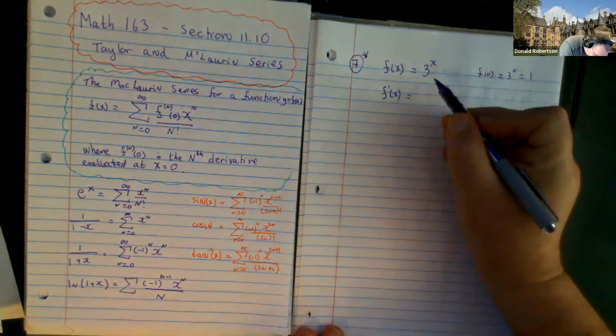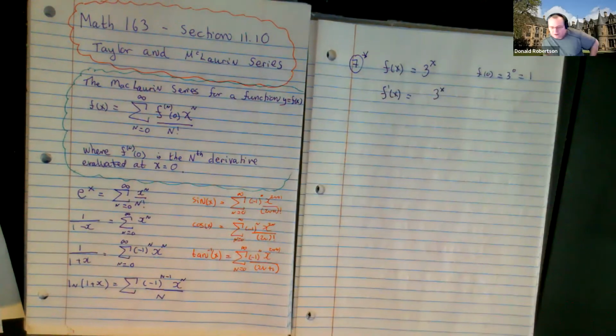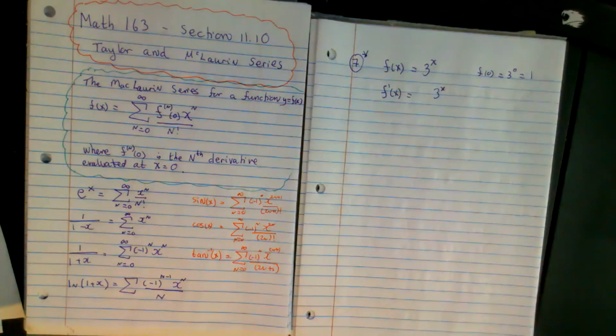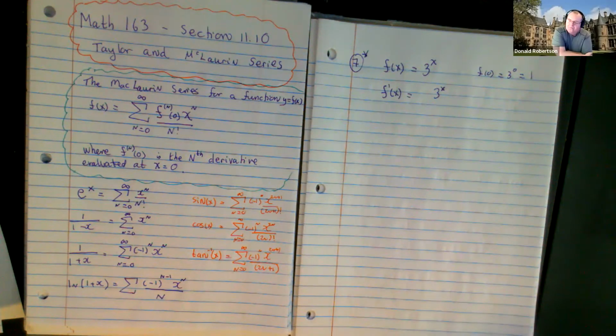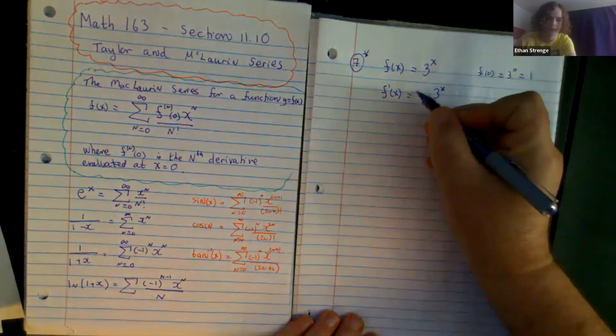Now, if you differentiate 3 to the power of x, yes, you do get 3 to the power of x, but that's not all you get. So let's get some cobwebs out. Can anybody remember what you also multiply by? Multiply by x, right? Nope. Think again. Do we multiply by the natural log of 3? You do indeed.